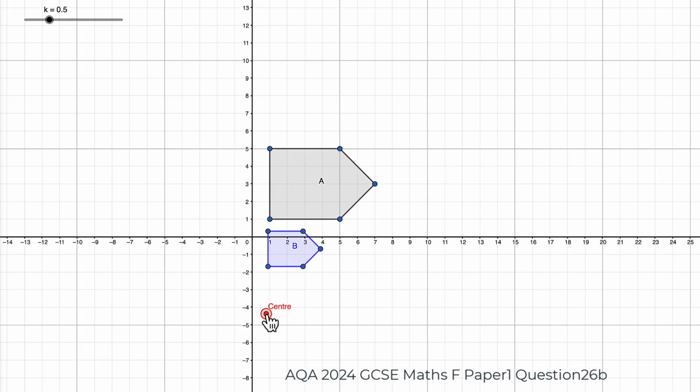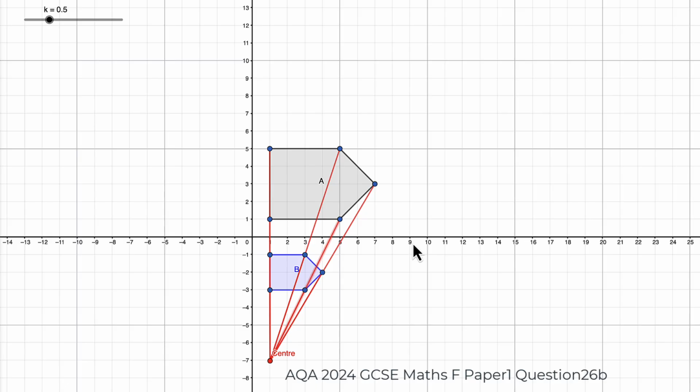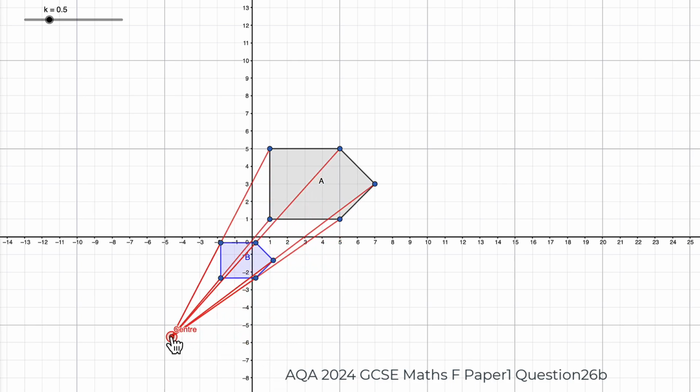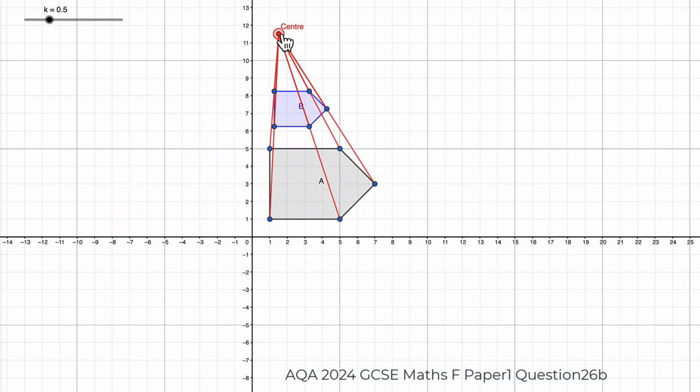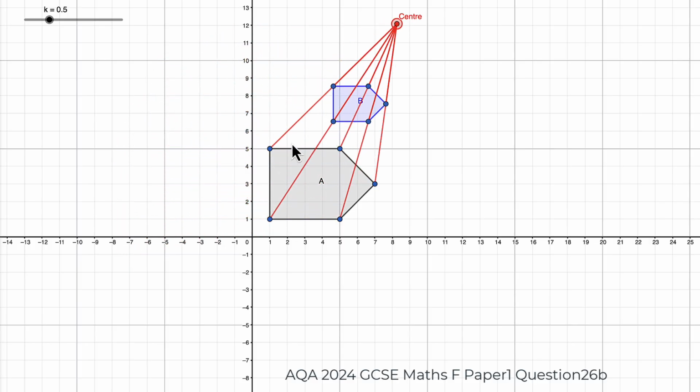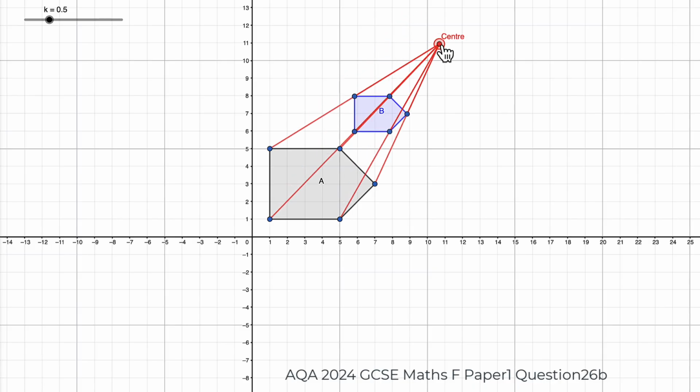So let's put it back where it started. And now here's the picture with the lines that we drew in, that all met at the centre. And if we move that centre around now, you can see how these lines from a point in the larger shape to the corresponding point in the smaller shape always meet at the centre.